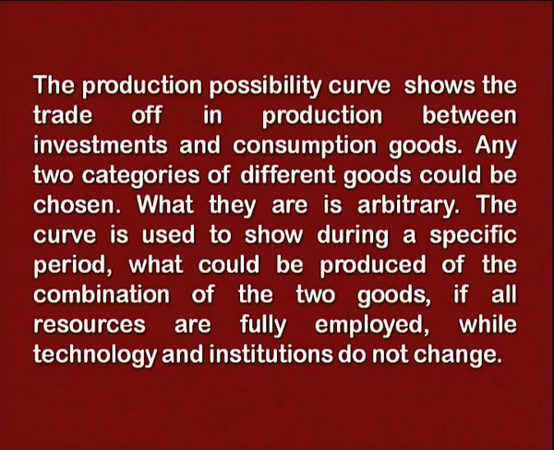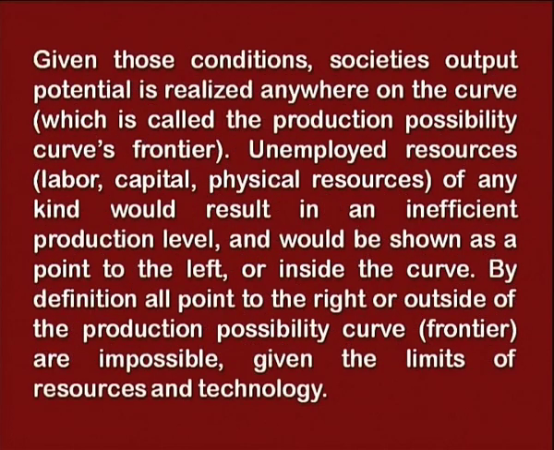The curve is used to show, during a specific period, what could be produced of the combination of the two goods if all the resources are fully employed while the technology and institutions do not change. Given those conditions, society's output is potentially realized anywhere on the curve, which is called the production possibilities curve frontier.